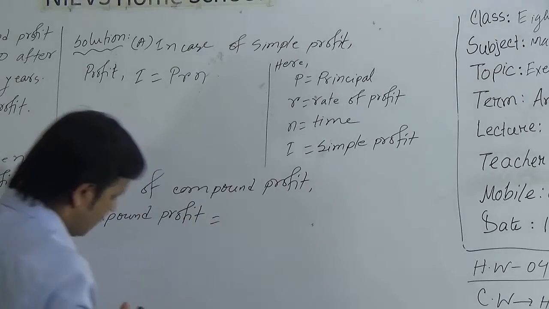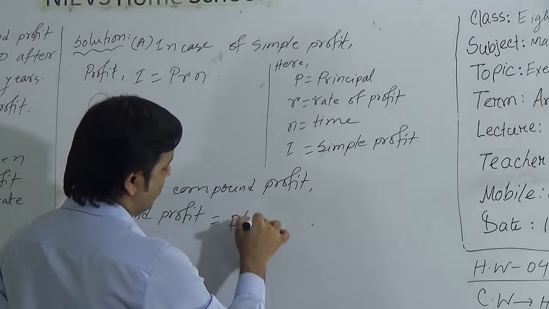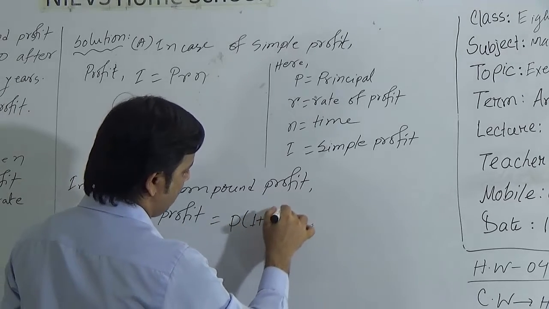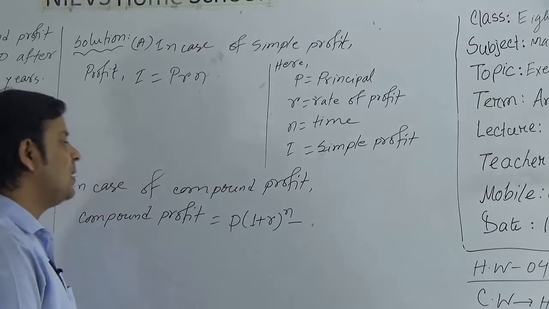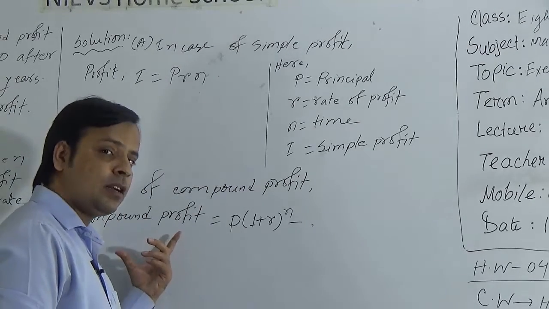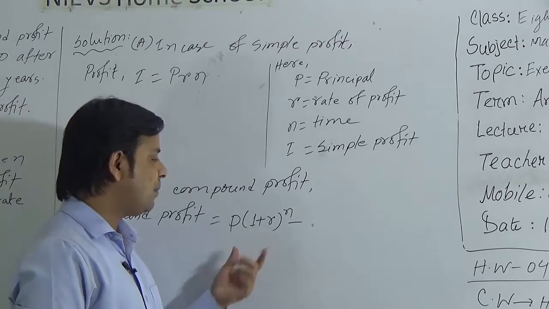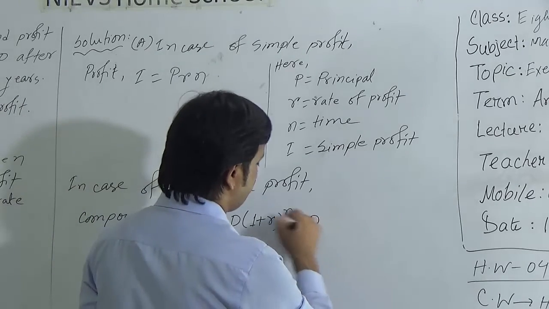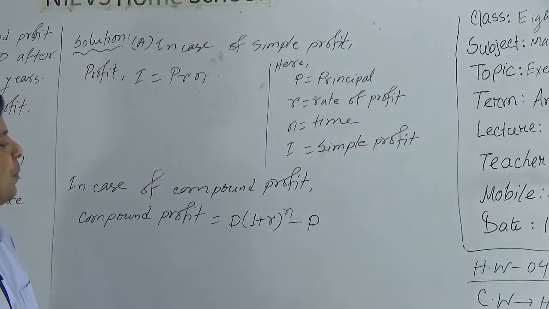Dear students, you know compound principal means P into 1 plus R whole to the power N. And if we want to determine the compound profit, then we have to subtract the principal from the compound principal. So we have to subtract P. So this is the formula for compound profit.